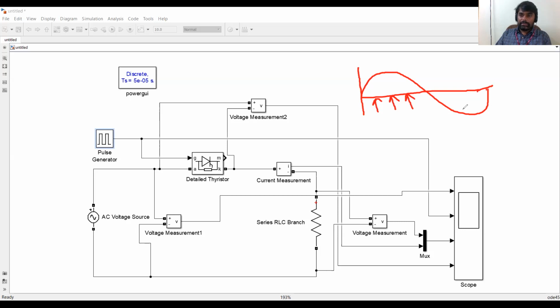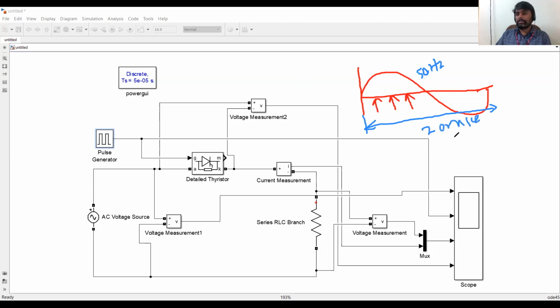Now in order to understand that, let us look into this. So it is one cycle. To complete one cycle, for a 50 Hz supply, 1 by 50 Hz means it will take 20 milliseconds.